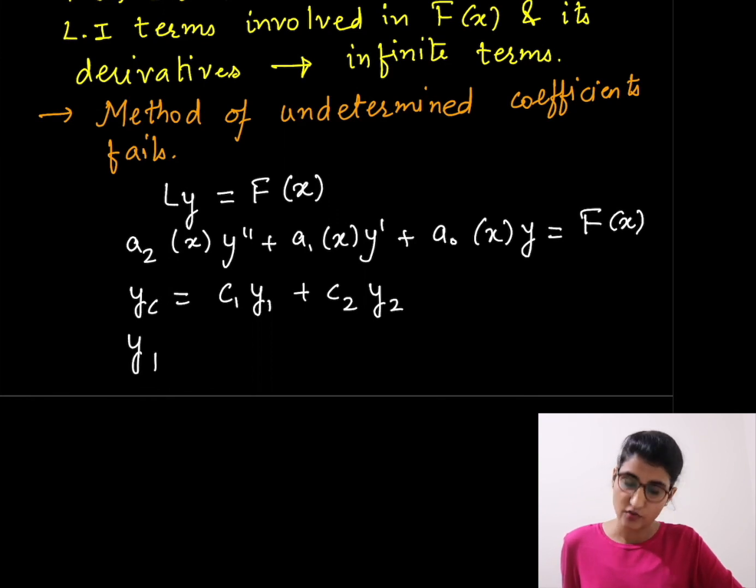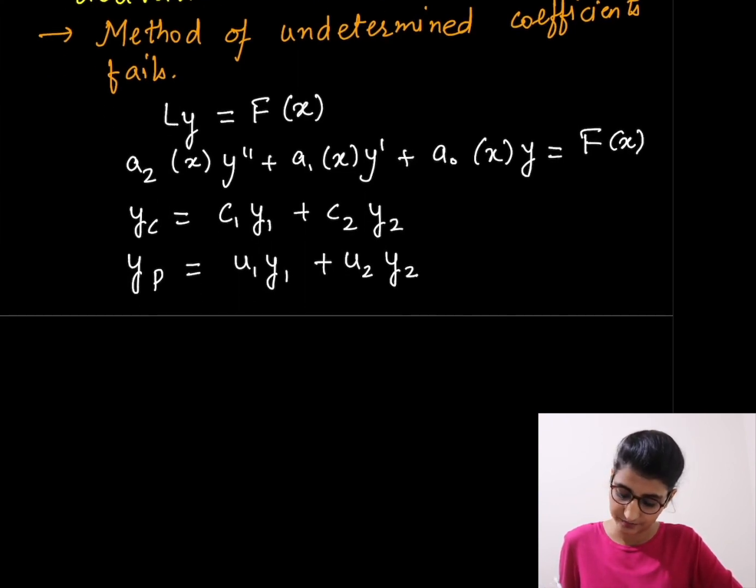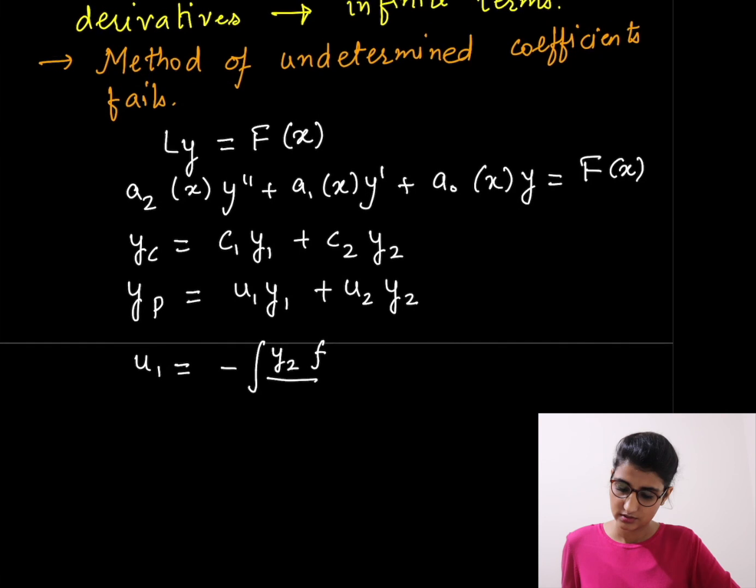Suppose we find yc, then our yp is going to be u1y1 plus u2y2, where u1 and u2 are not constants, they are functions of x. They can be constant too, since a constant is also a function of x. So u1 and u2 are functions of x, and u1 is equal to negative the integral of y2f divided by the Wronskian.